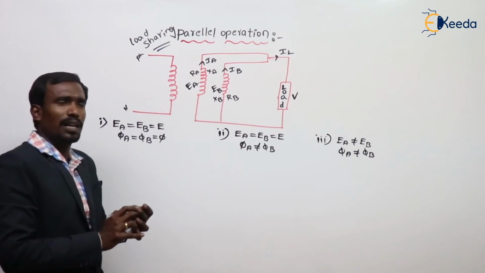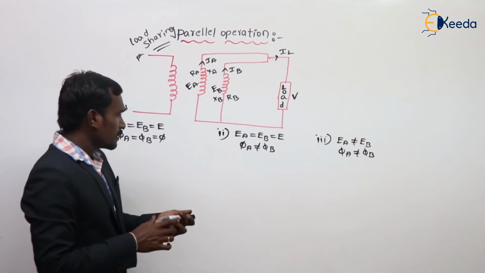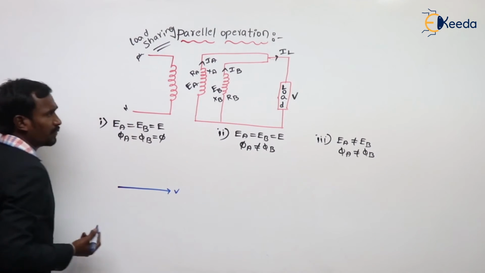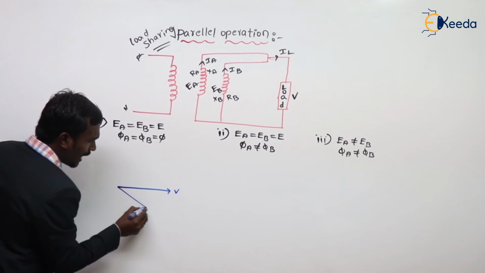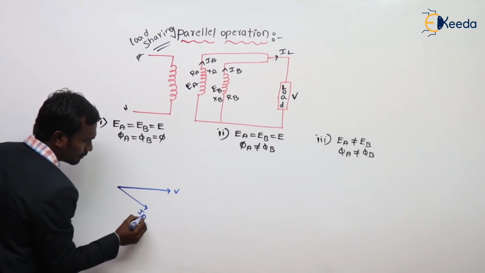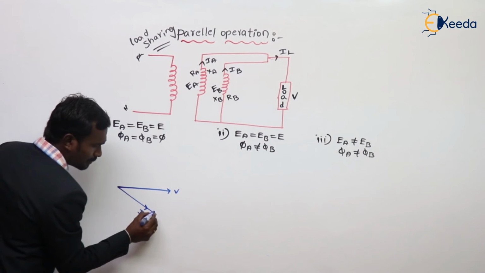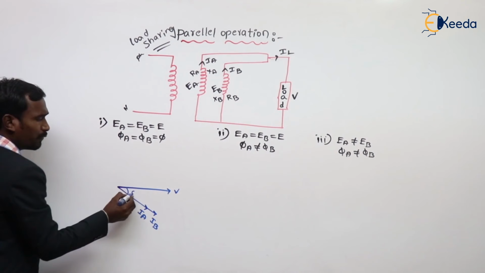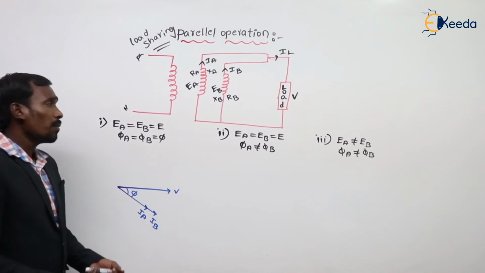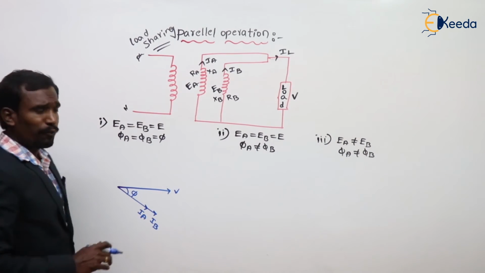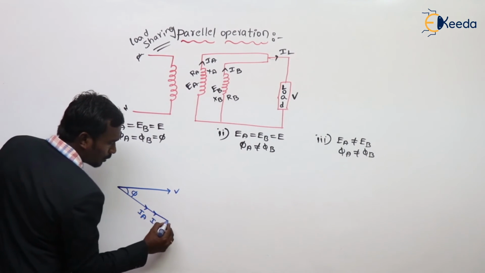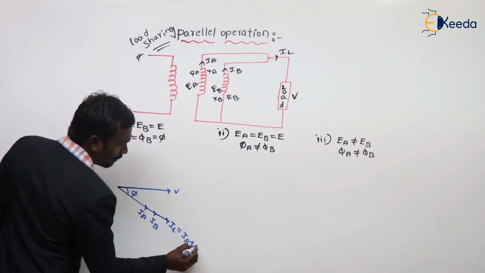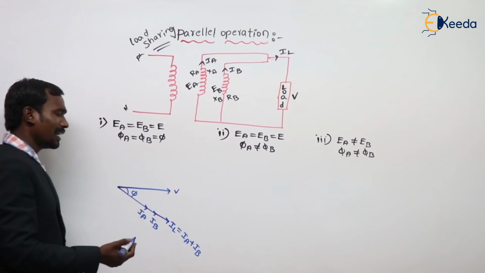Let's see how the vector diagrams look. See here, first, for example, voltage V, and this is my IA, and this is my IB, because phi A and phi B are the same, both are in phase with each other. So now IL, the load current, is equal to the arithmetic sum of IA and IB because they are in phase.